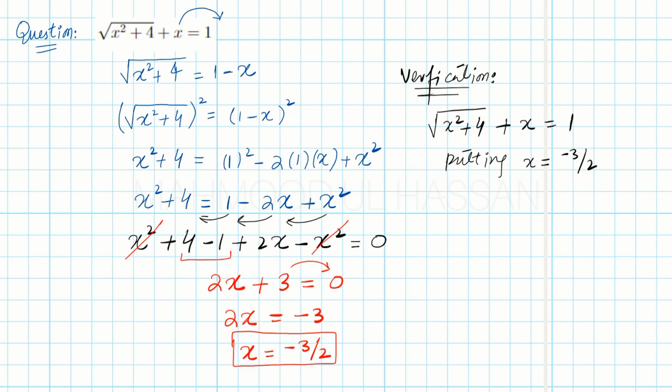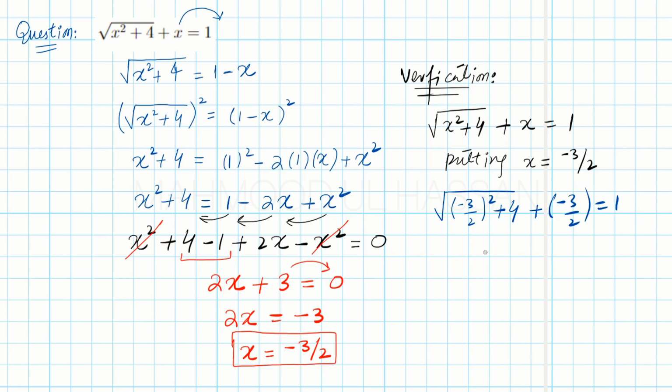So here we go, square root of x squared, so that means negative 3 upon 2 whole squared plus 4, and then here instead of x we have to put negative 3 upon 2 is equal to 1.